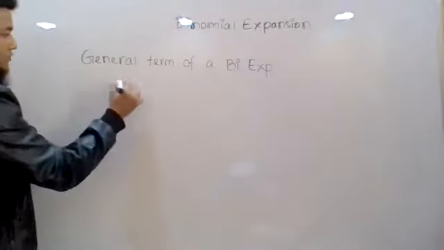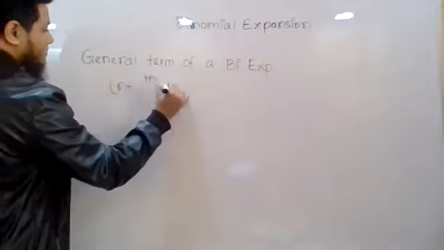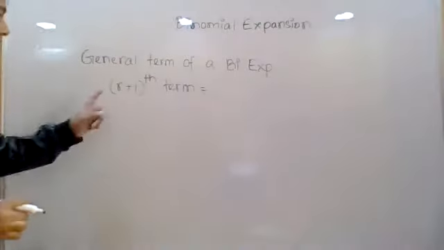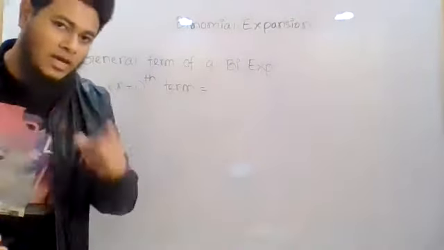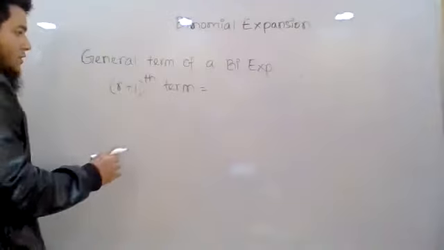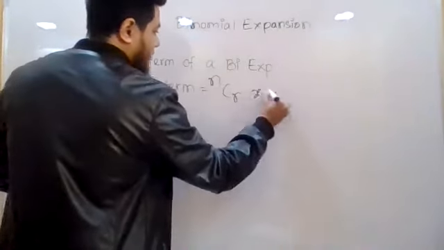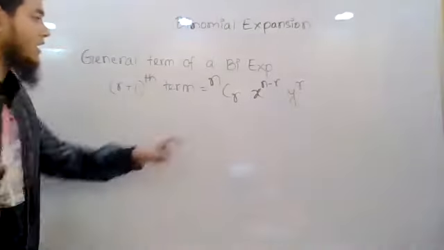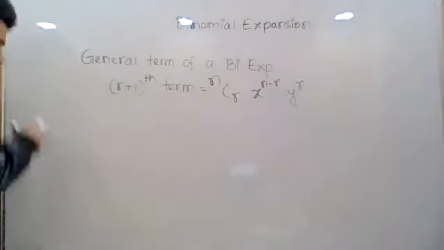It will be the (r plus 1)th term. Many of you might be thinking, sir, you could have taken the rth term. Why plus 1? I will tell you why. It is nCr x to the power n minus r y to the power r, so that I can write r here.